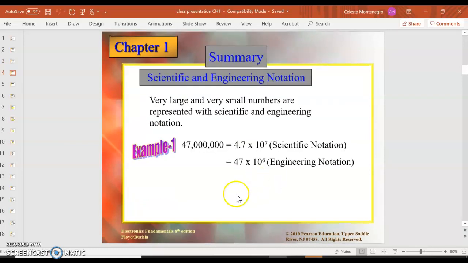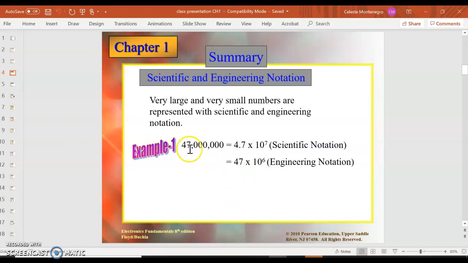Next, why scientific and engineering notation? Why is this important to talk about? It is important because we are going to be using very small and very large numbers, and we want to learn how to manipulate them in specific ways that do not use so many zeros.